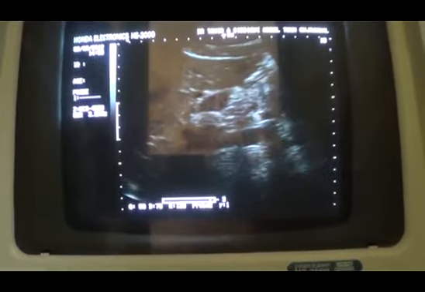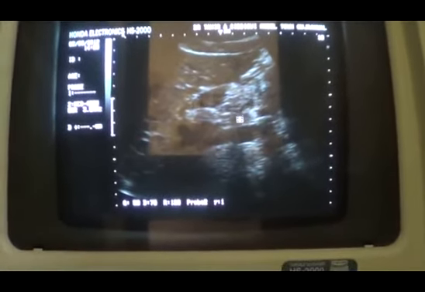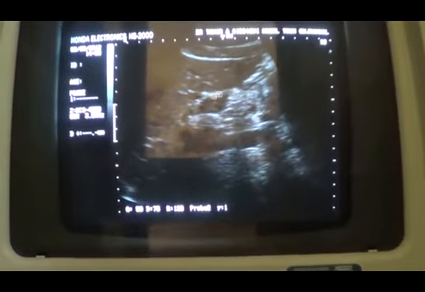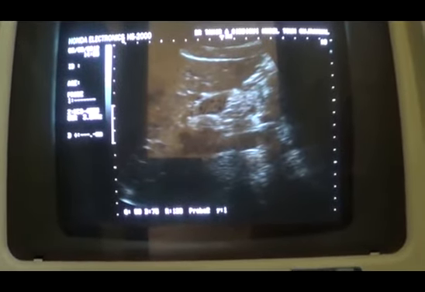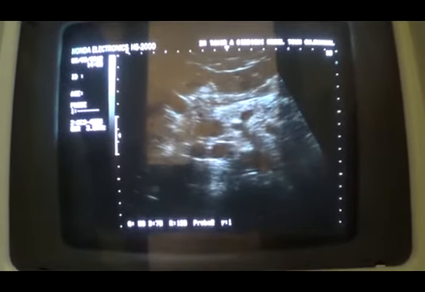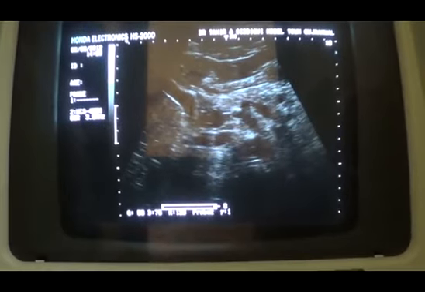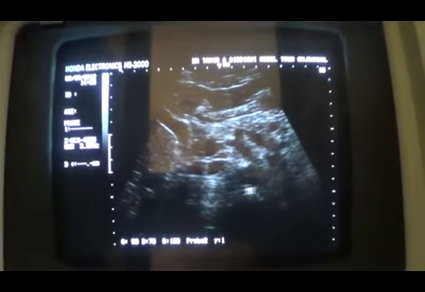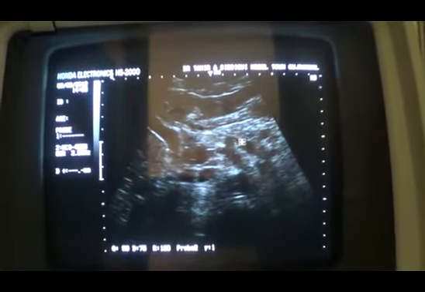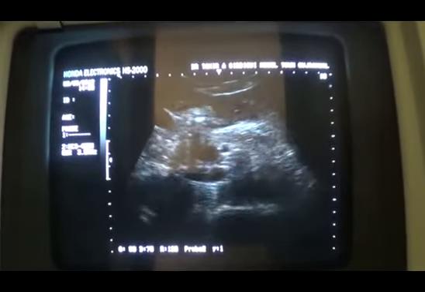This is the head of the pancreas. This area, portal vein, caudate lobe, ligamentum venosum, the aorta. Here we see the celiac artery dividing into two vessels. This is the aorta, celiac trunk, splenic artery, and the left gastric artery.